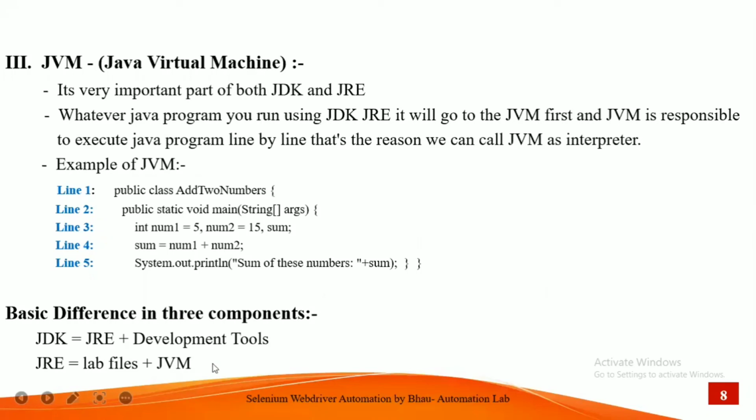JRE is responsible for running Java programs, JDK is responsible for developing and running them, and JVM is the interpreter responsible for executing your Java program line by line. So that's the main difference between JVM, JRE and JDK.